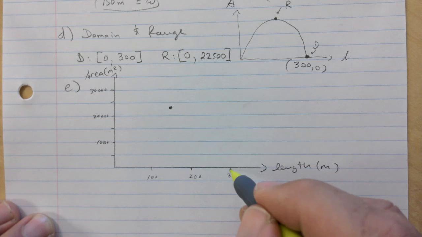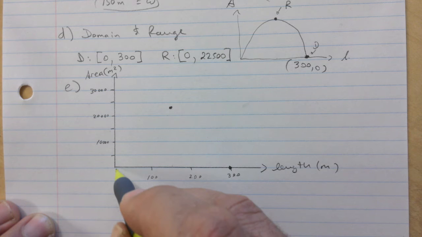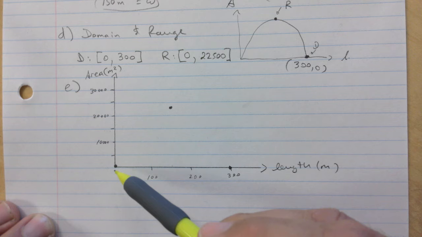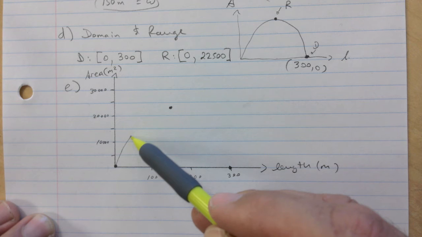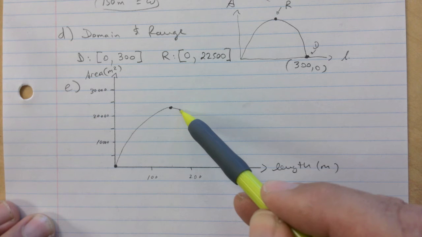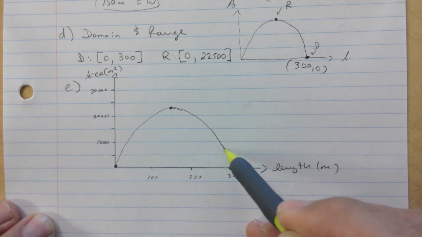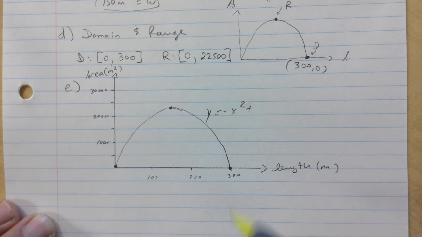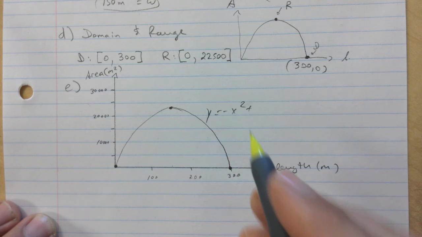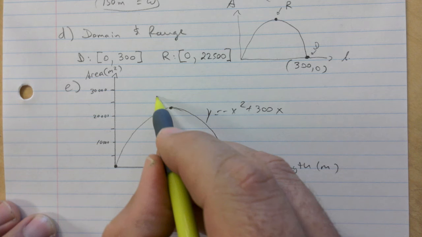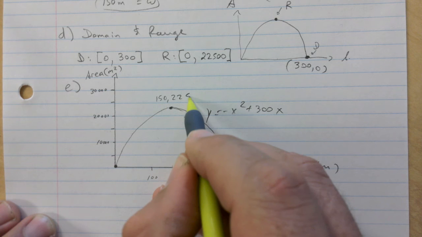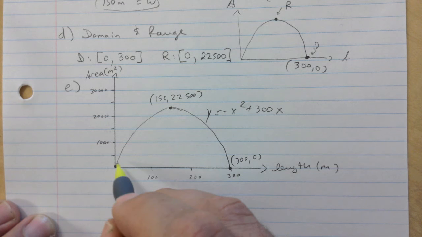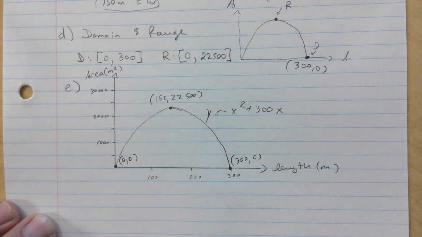I'm also at 0, 0 because my y-intercept is 0, 0. It's like the initial. There it is.